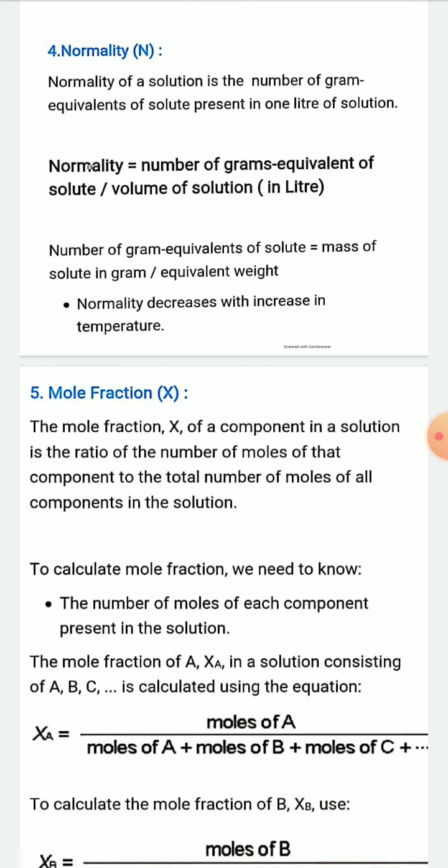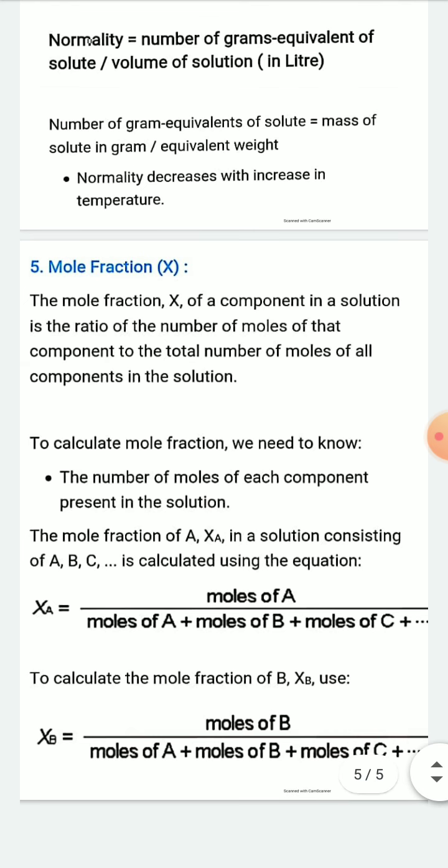So normality is equal to number of gram equivalent of solute divided by volume of the solution in liter. And normality also decreases with increase in temperature. That means normality also depends on temperature.